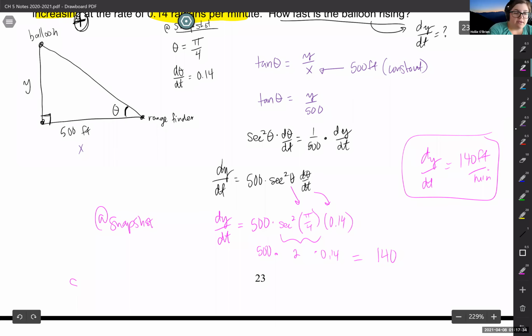So we know secant of pi over 4 is root 2. So if I square both sides, it just turns into 2. And then 500 times 2 is 1,000. And if I take 1,000 times 0.14, move it over 1, 2, 3 places, so it's 140. That's how I did it.